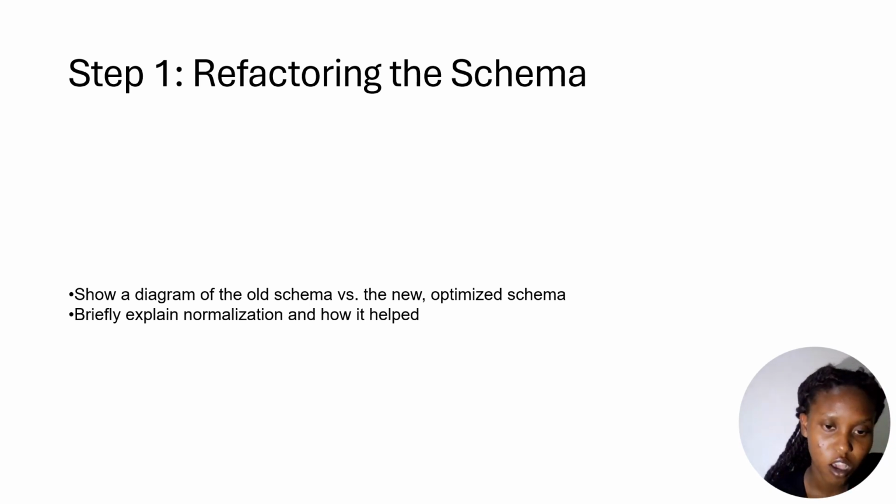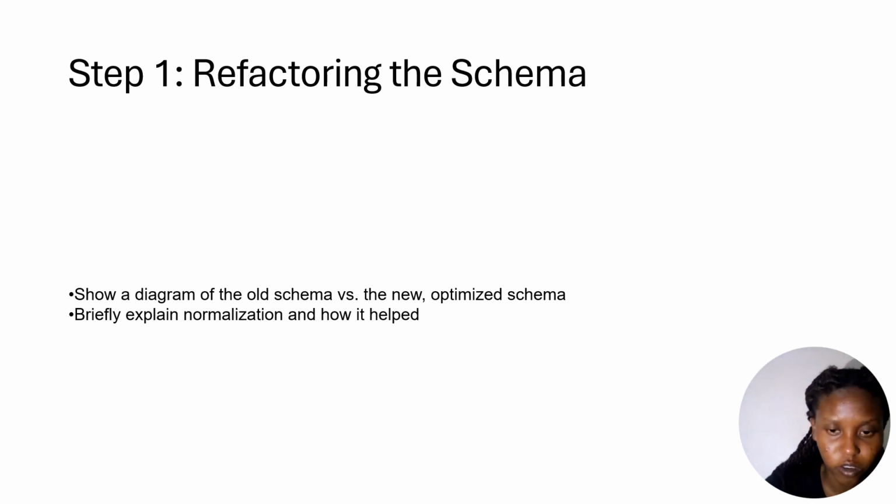Refactoring the schema. Show a diagram of the old schema versus the new optimized schema, and briefly explain normalization and how it helped. As you remember well, I think it was in year 1 that we studied database normalization.